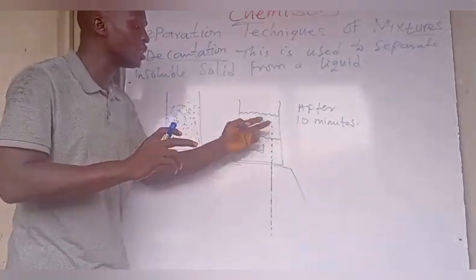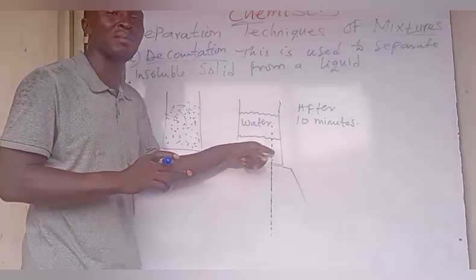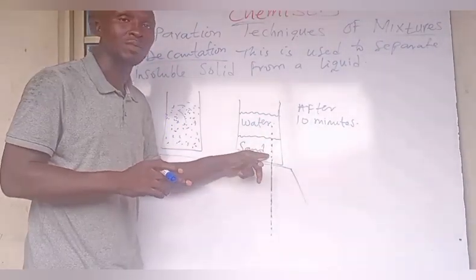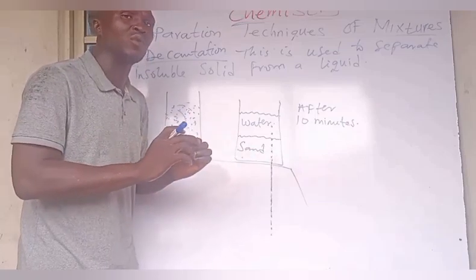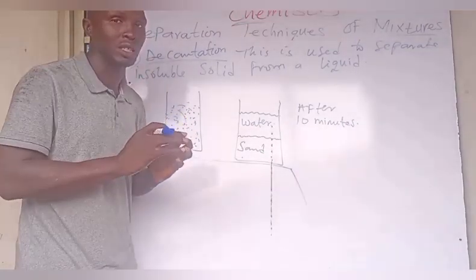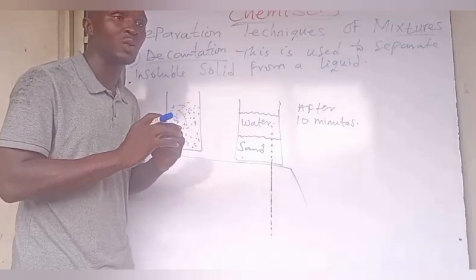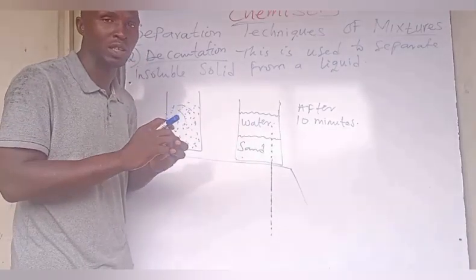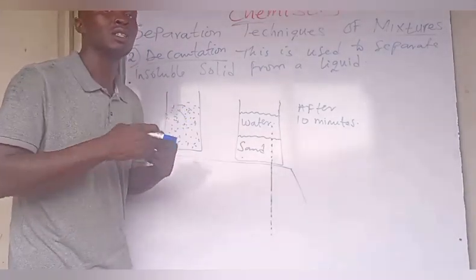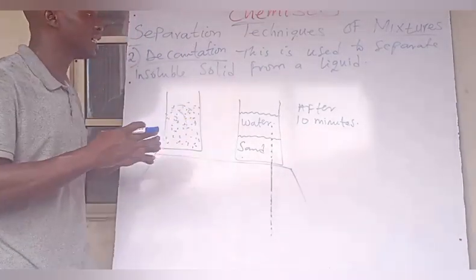Apart from the impurity, you will still have some amount of water in the sand. So clearly, you have not totally separated the water from the sand. That is why we say that it is inaccurate. But it is also used in a process for separation. It's called decantation.